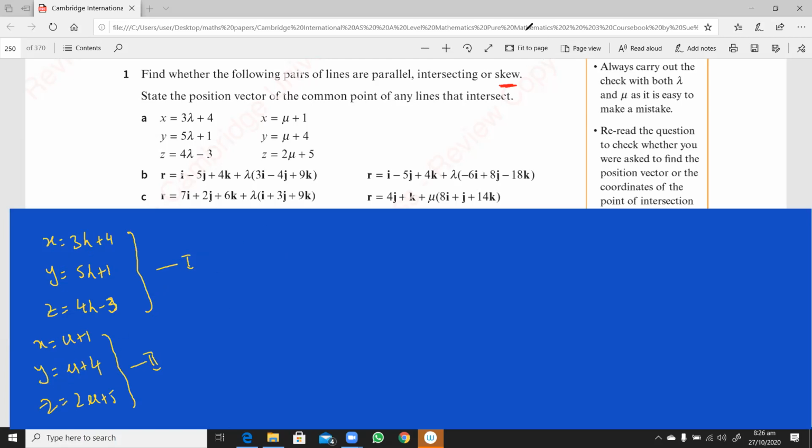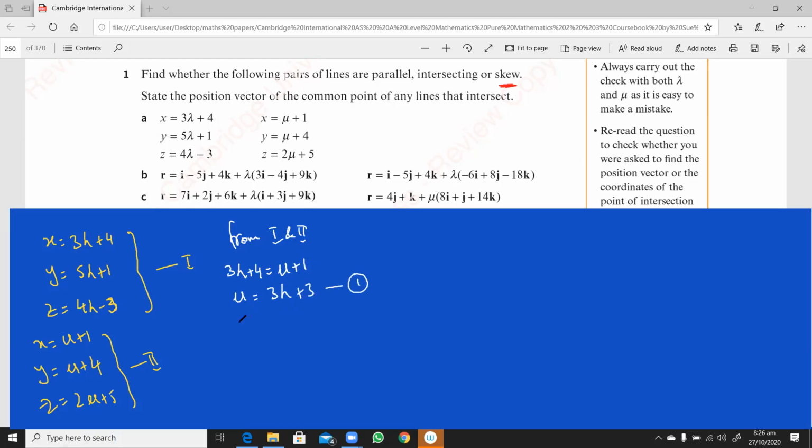So from 1 and 2, we can say that 3 lambda plus 4 is equal to mu plus 1. We can simplify a bit. This is mu is equal to 3 lambda plus 3. That is equation number 1.